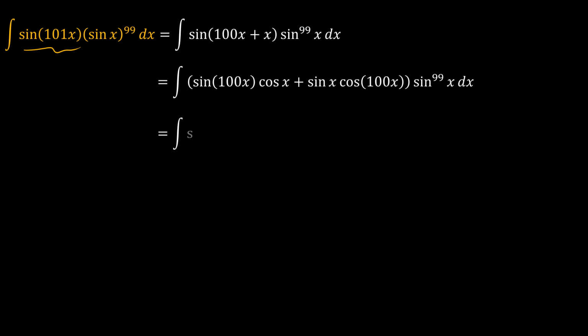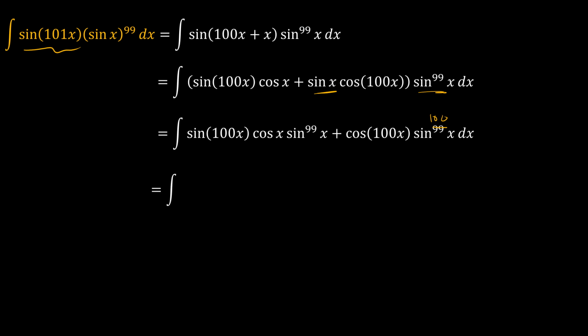Multiplying it across, we have sine 100x times cosine x times sine to the power 99x, plus this sine here and this interact, so we have cosine 100x times sine to the power 99x times sine x.